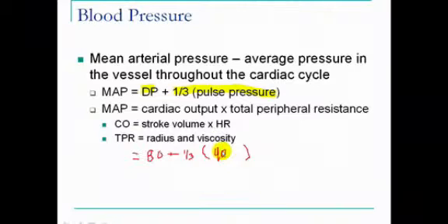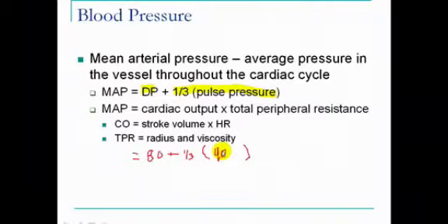Why wouldn't your mean arterial pressure just be your diastolic pressure plus your systolic pressure divided by 2? If you were to tell me take the average pressure in your blood vessel, that's how I would calculate it. But why isn't that the equation? Well, in the cardiac cycle, you spend less time in ventricular systole than you do in ventricular diastole.